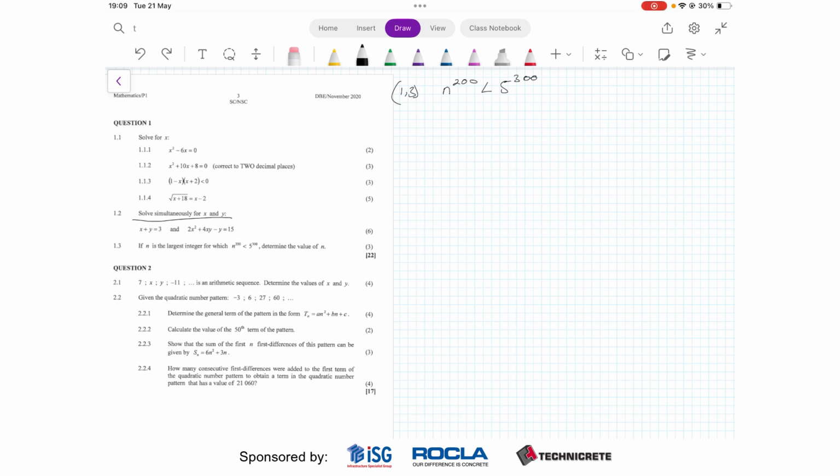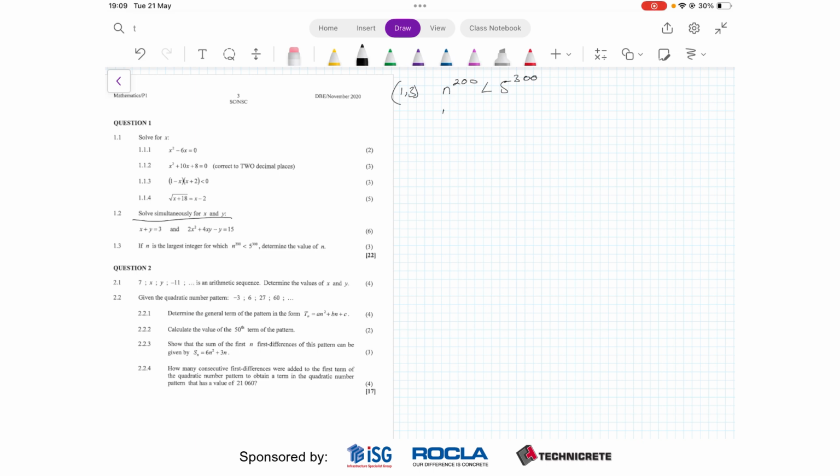So we can factorize this 200 here to give us a common factor, with some number factorized here to give us another common factor. I'll show you what I mean.